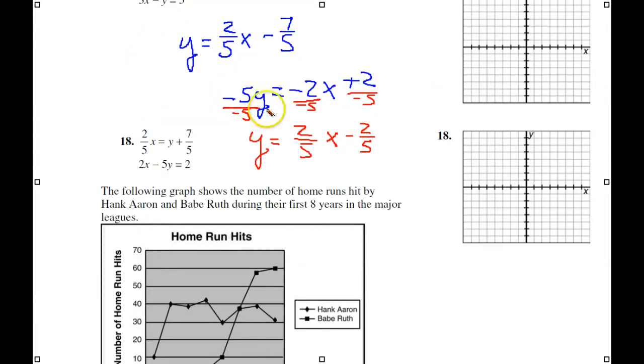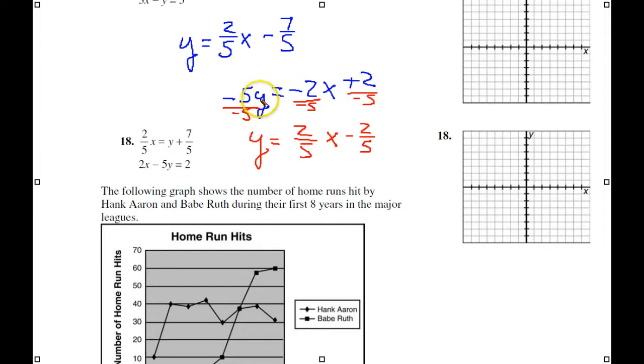So in number 18, I just rewrote this, solving it for a positive y equals that, and this becomes negative on the other side, but I wrote it this way. And here I solved for a positive y here by transposing this, getting a negative 2x plus 2.